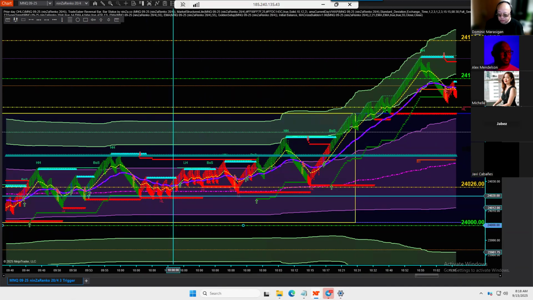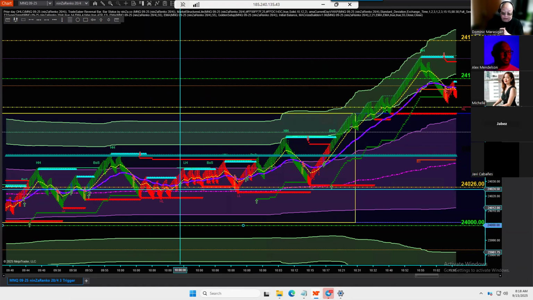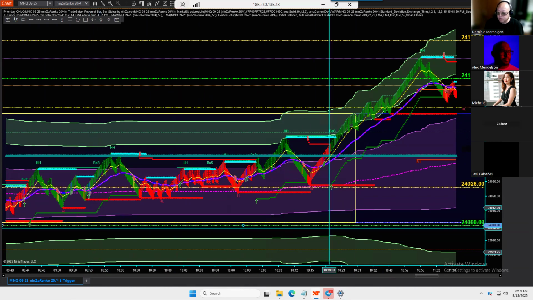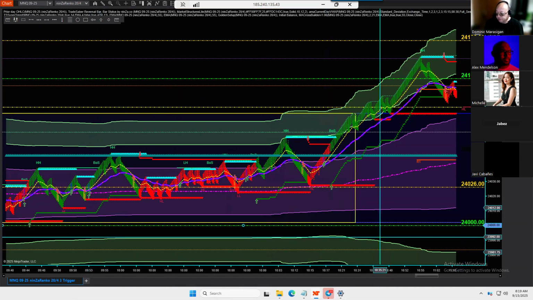Eventually it hit your target at plus one. Once it hit that, it came back down and bounced off the VWAP. That's one of your high probability setups, and that's what it did. It bounced off the plus one. Target went all the way up to 24,026, if you notice, and it hit the 24,100 level.